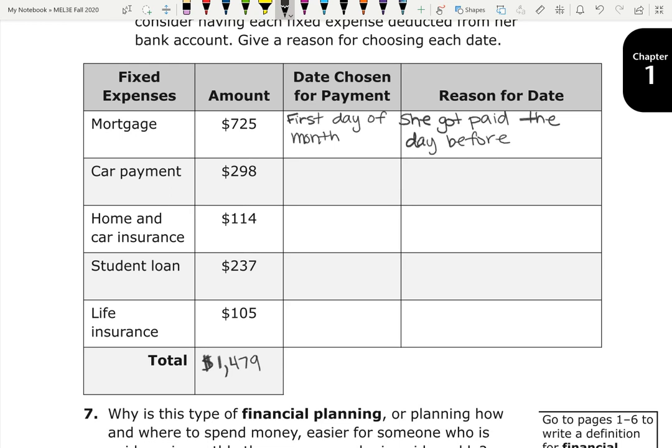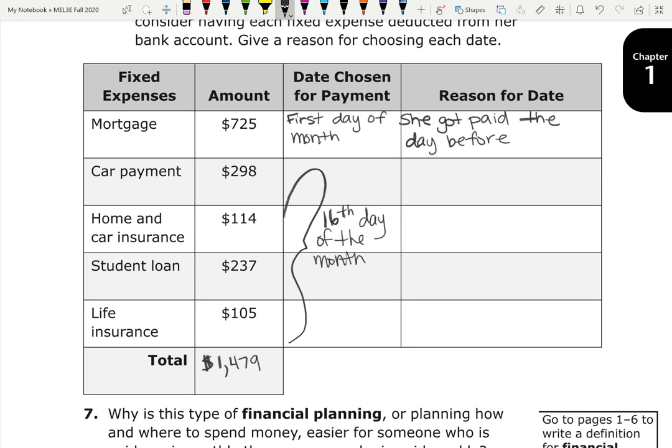And now the other ones, I'm going to group them all together, and I'm going to say these are all going to be paid on the 16th day of the month. Okay, again, the day after she gets paid.